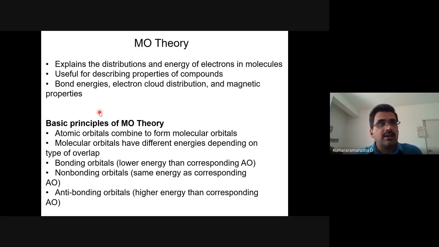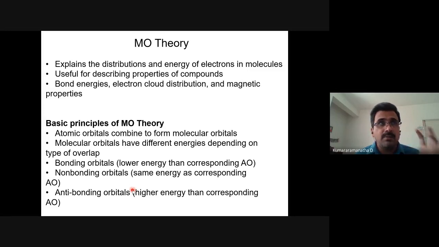Now, what are the important aspects of molecular orbital theory? First thing is atomic orbitals. When two atomic orbitals combine, you start getting molecular orbitals, and molecular orbitals have different energies depending on the overlap.